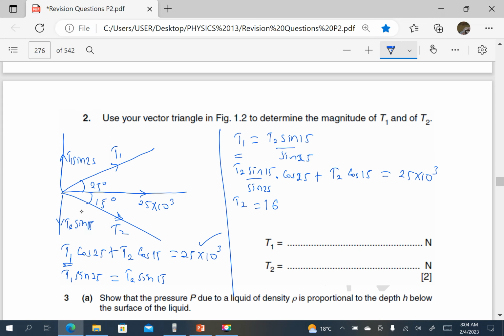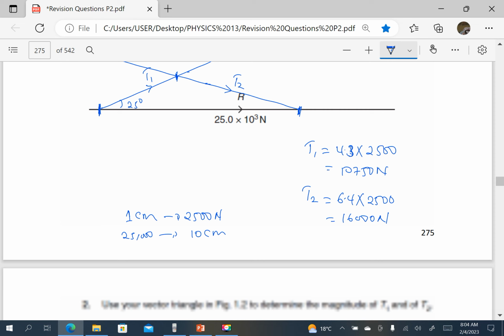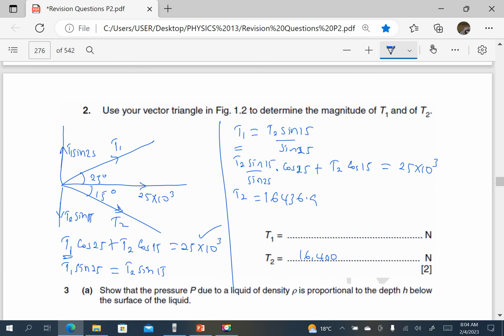That is T2 is 16,436.9, or approximately 16,400 newtons. And from the scale diagram, T2 was 16,000, so we are approximately there. Then for T1, we substitute T2 into T1.